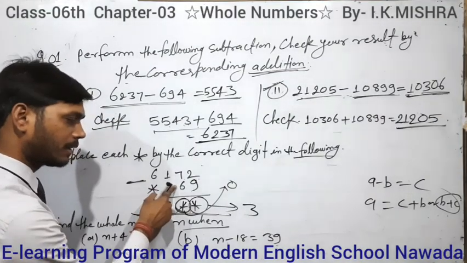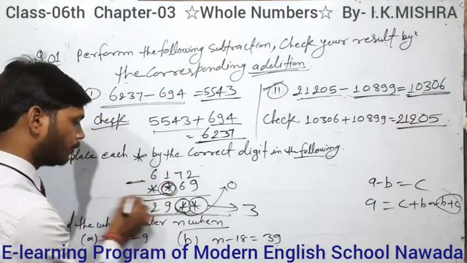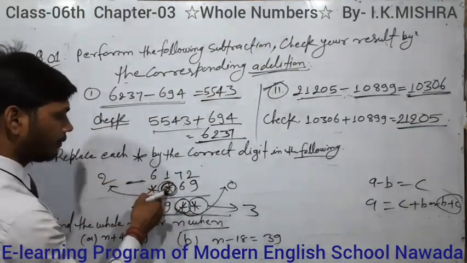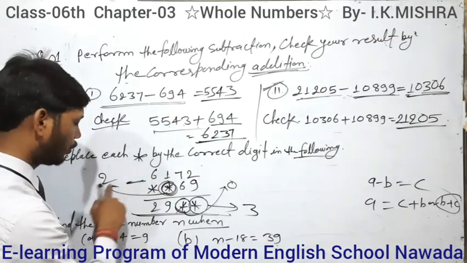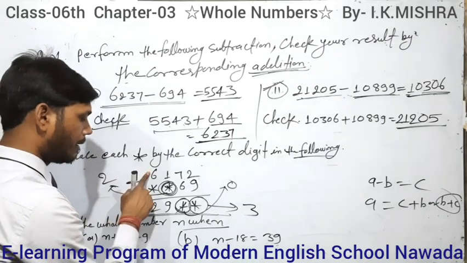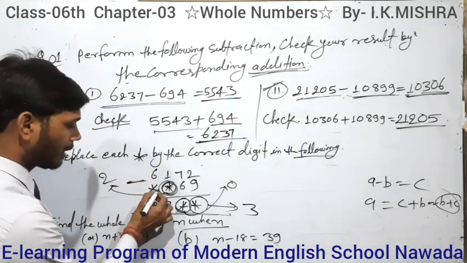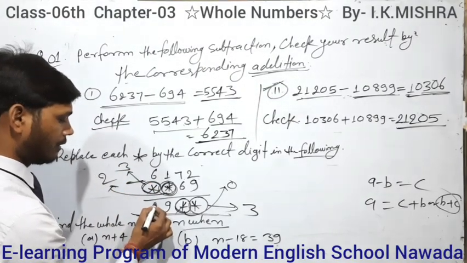When you subtract it, when you write here 2, then here 11, and 11 minus 2 is equal to 9, and it becomes 5, and 5 when you write here 3, you will get 2.